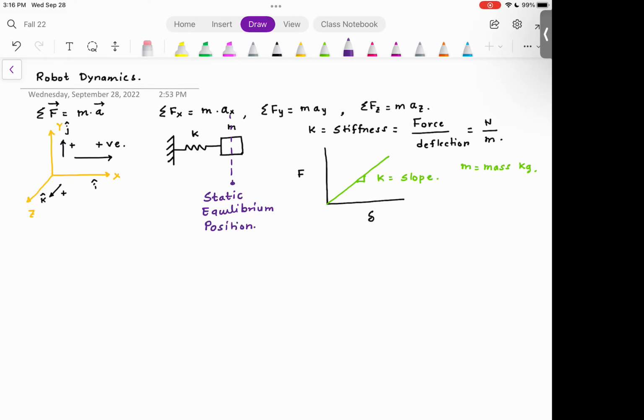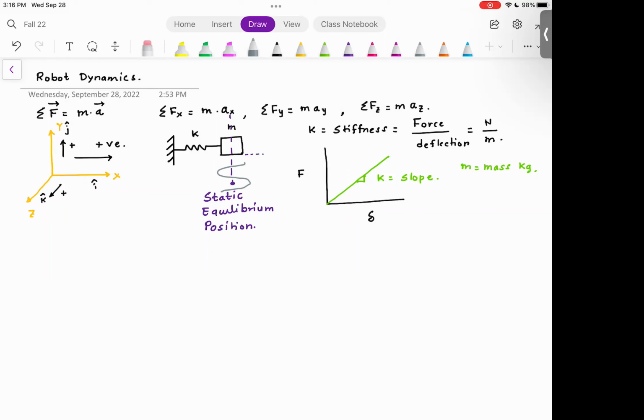Now what I'm going to do is pull this mass on one side and let it go. What would happen? You agree with me that this mass would start oscillating front and back.